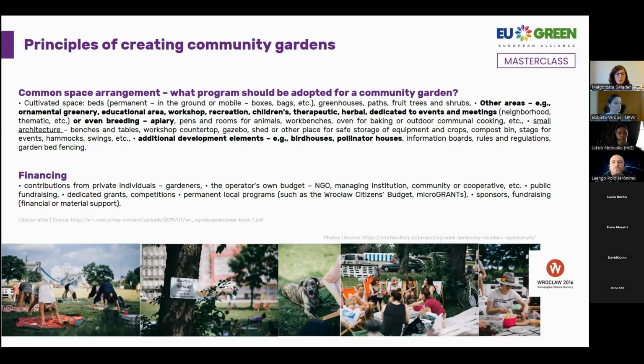And some people were, for example, working more if they were not able to be a part of the community garden for financial reasons. Of course, some external funds could be obtained from the municipality. In Wrocław, for example, we have some local programs, as already mentioned, the community budget, or citizen budget, or even some micro grants, which could be obtained and then used for the development of the space.